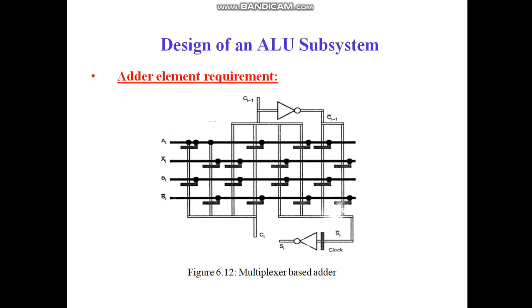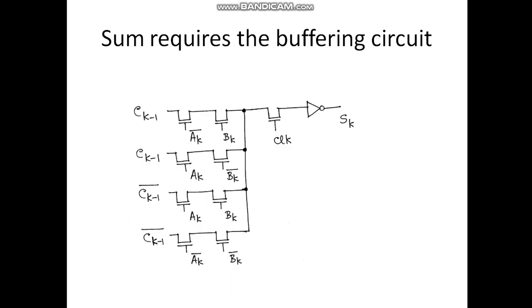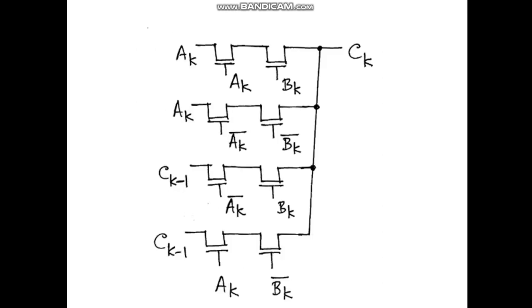Similarly, for SK we make use of 8 transistors, and here we are using one more inverter, and this combination acts as a buffering circuit. So for sum this circuit is considered, and for carry this circuit is considered.